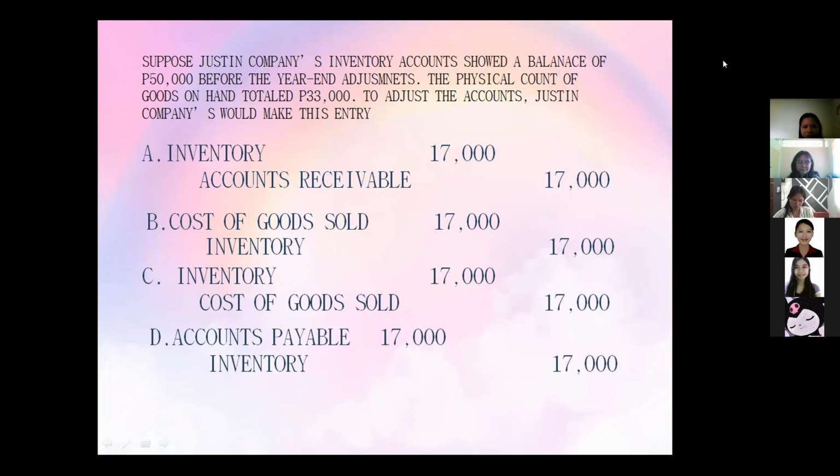A, debit inventory for 17,000 and credit accounts receivable for 17,000. B, debit cost of goods sold for 17,000 and credit inventory for 17,000. C, debit inventory for 17,000 and credit cost of goods sold for 17,000. D, debit accounts payable for 17,000 and credit inventory for 17,000.